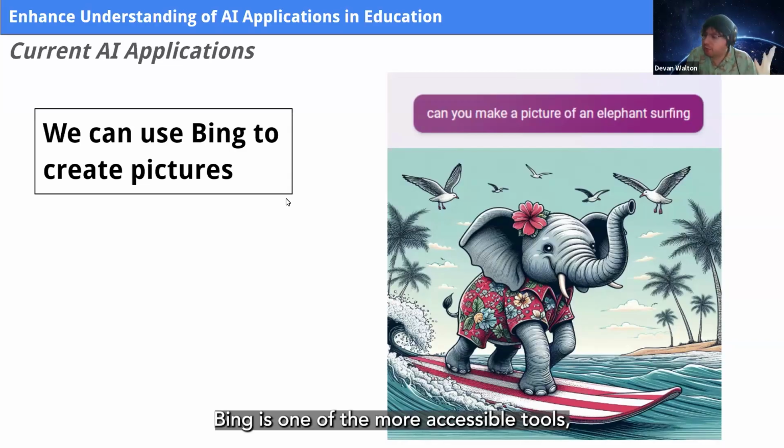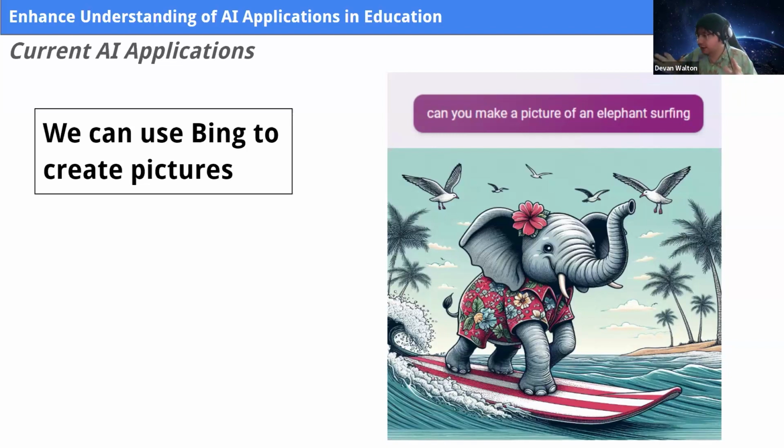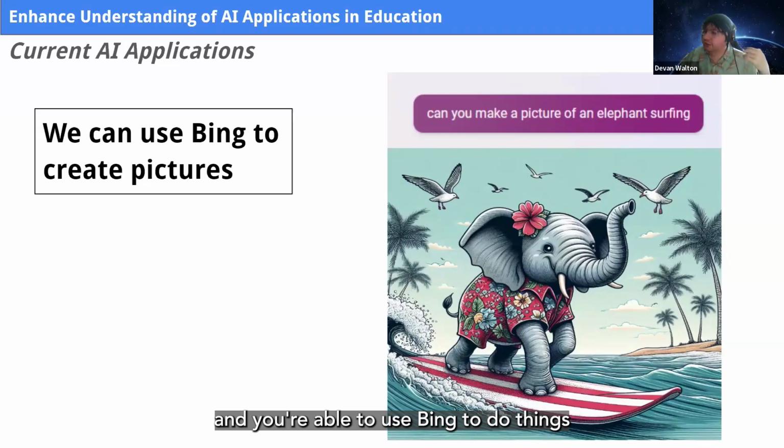Bing is one of the more accessible tools since, if your institution has access to Microsoft 365, then you have enterprise access to Bing, and you're able to use it for image generation. Your students would also be able to use Bing for image generation. So this could be one of the potential affordances that you use within the classroom.